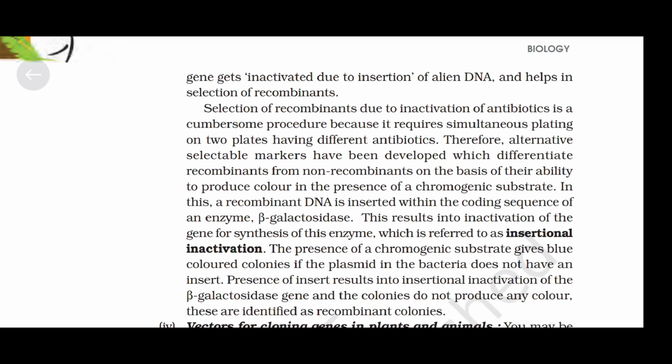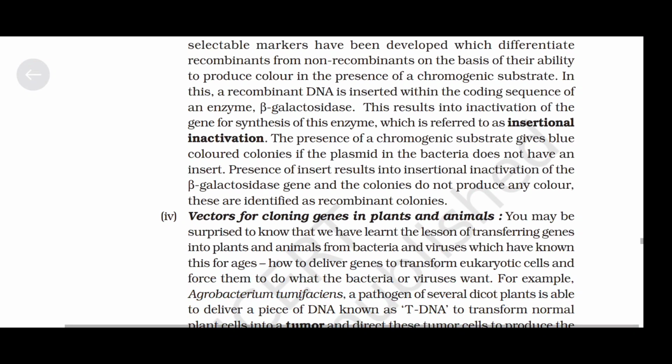This results in inactivation of the gene for the synthesis of this enzyme, which is referred to as insertional inactivation. The presence of chromogenic substrate gives blue-colored colonies if the plasmid in the bacteria does not have an insert. Presence of insert results in insertional inactivation of the beta-galactosidase gene, and the colonies do not produce any color. These are identified as recombinant colonies.